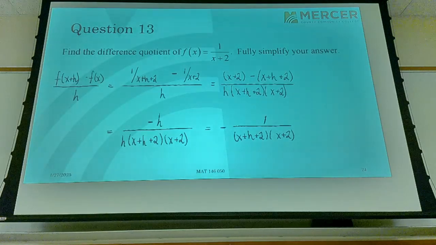Negative 1 over x plus h plus 2 times x plus 2. And there's our difference quotient. It is customary to not expand out the denominator, so don't do the modified FOIL there. Just leave it like that.